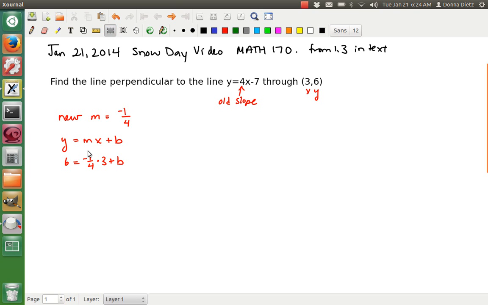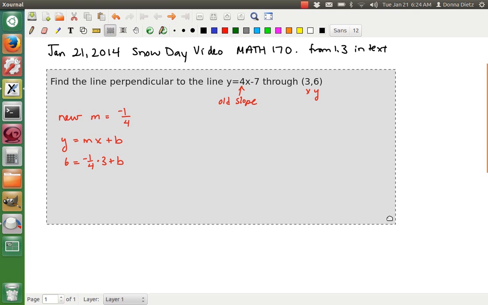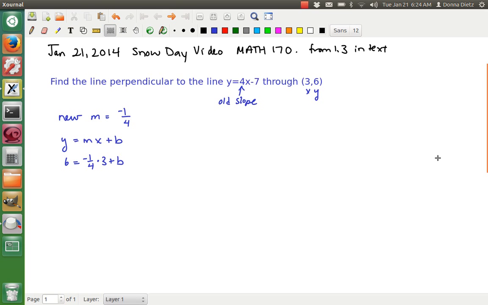I'm going to just switch to blue. So I'm going to just say 6 is equal to minus 3/4 plus b, then 6.75 equals b, and then y equals mx plus b.